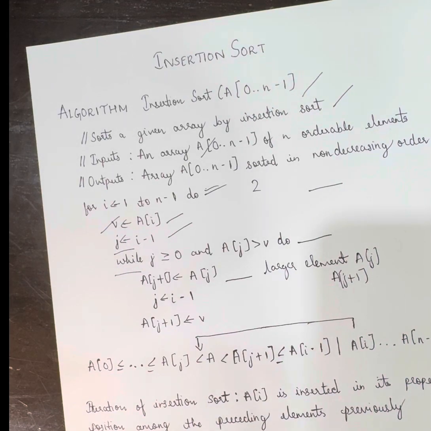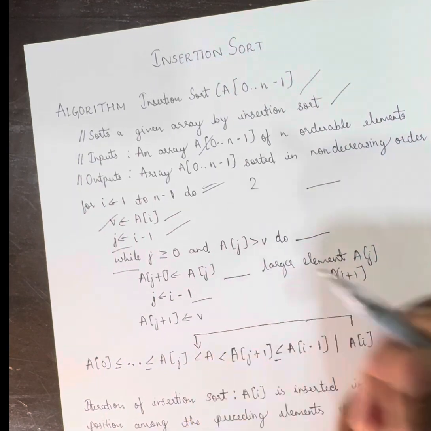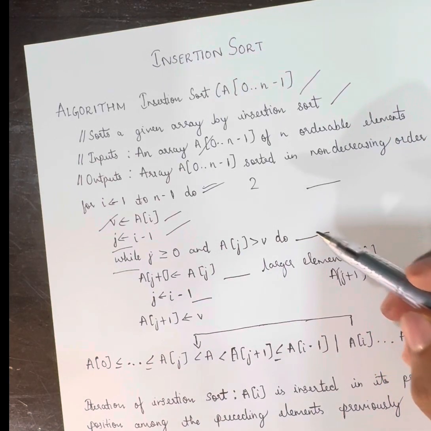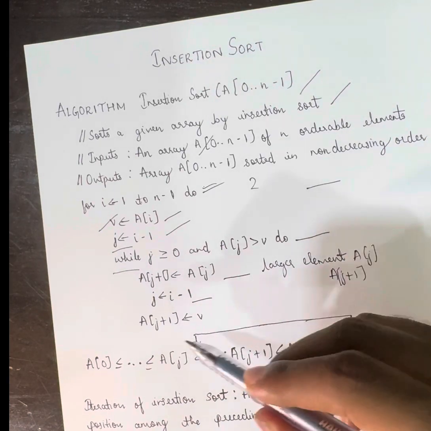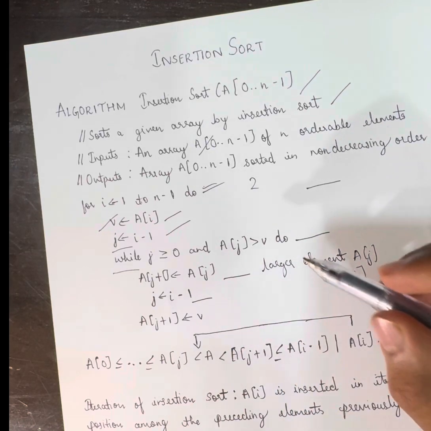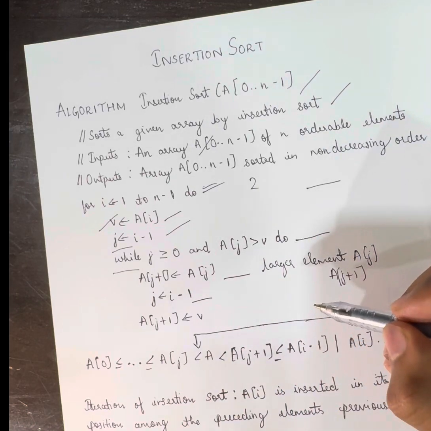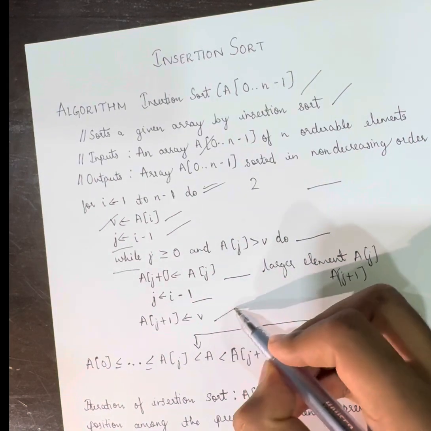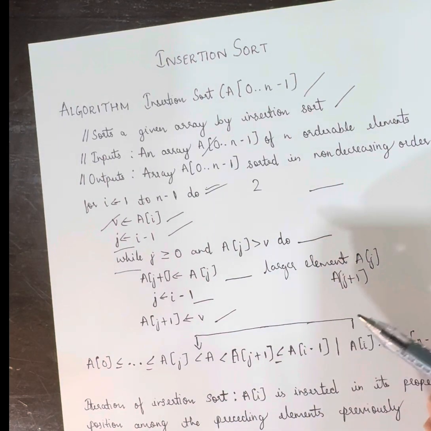Next, we have j = i - 1. We move the pointer j one step to the left. The next element is in the sorted portion. Last, A[j+1] = v.